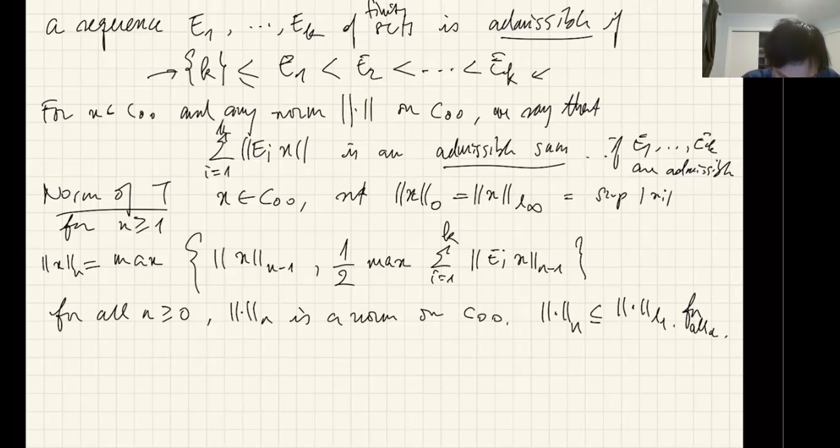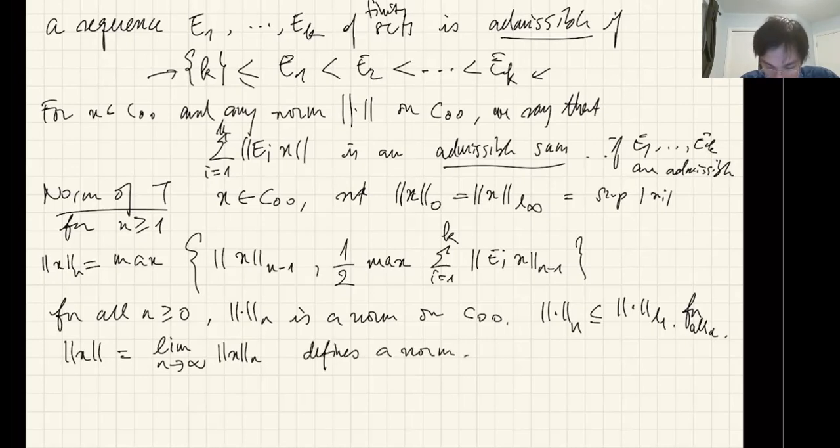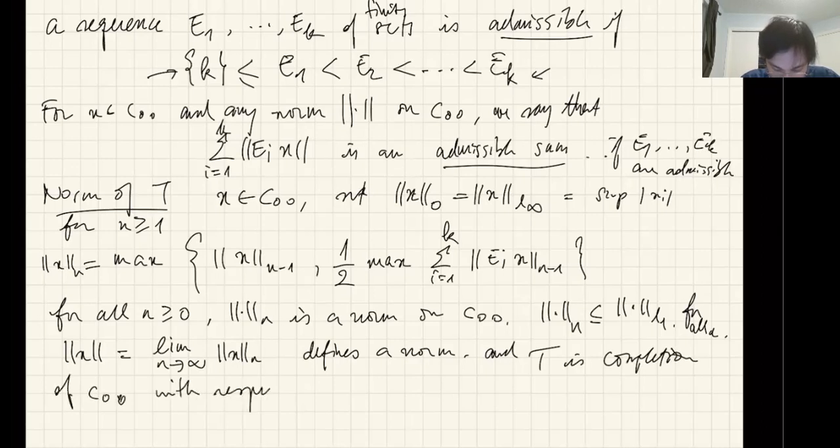So if we set the norm of x to be the limit, as n goes to infinity, of the nth norm of x, that limit defines a norm, and T is the completion of C00 with respect to this norm.